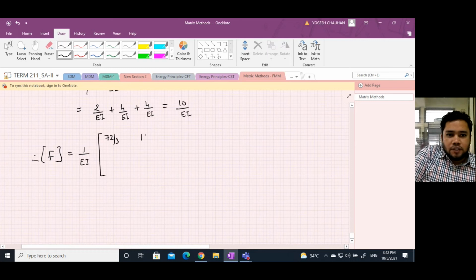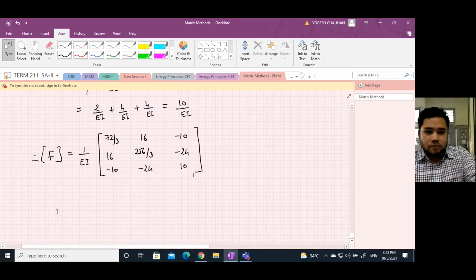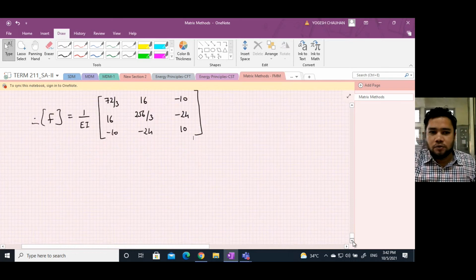Second component is 16, third component is 10 by EI, then again 16, 256 by 3, minus 24 minus 10 minus 24 and 10. Okay, so now you have the flexibility matrix. You can take the inverse of this and find the redundant value.